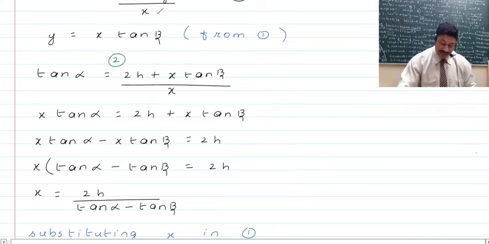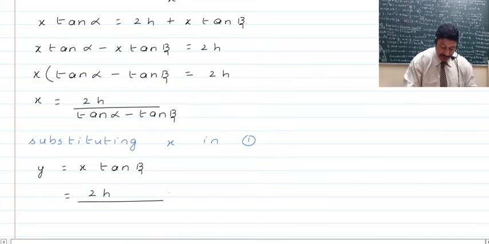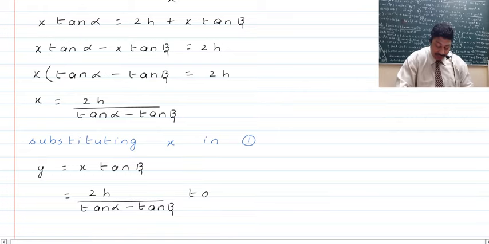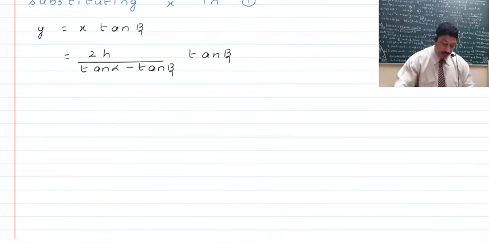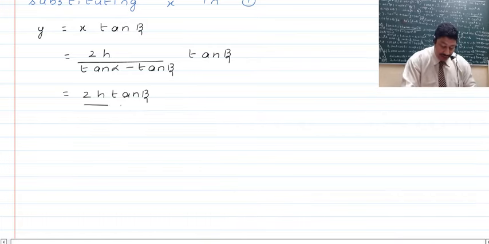So here thus we have y, which is equal to x tan beta, right? So we keep this value of x that we've just found out, that is 2h upon tan alpha minus tan beta, right? And further we multiply that with tan beta, right? So next now, children, after that what we do is we have here 2h tan beta by multiplication, right? And in the denominator we have tan alpha minus tan beta, right?